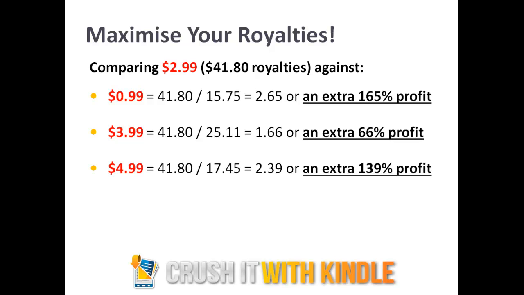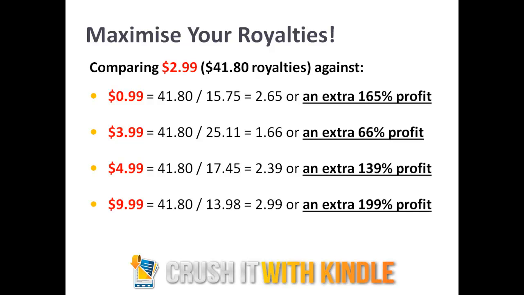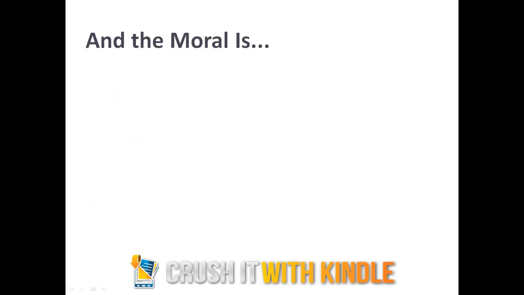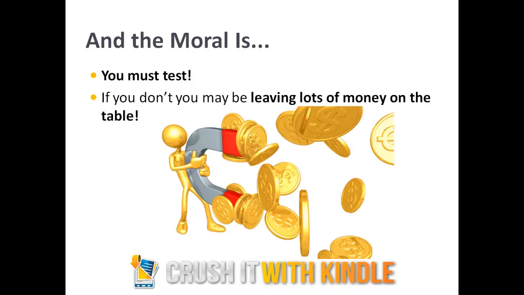And as the price goes up, the difference gets more and more dramatic. At $4.99, it's an extra 139% profit. At $9.99, it's an extra 199% profit. And at $14.99, it's an extra 697% profit. And the moral is, you must test. If you don't, you may be leaving lots of money on the table.